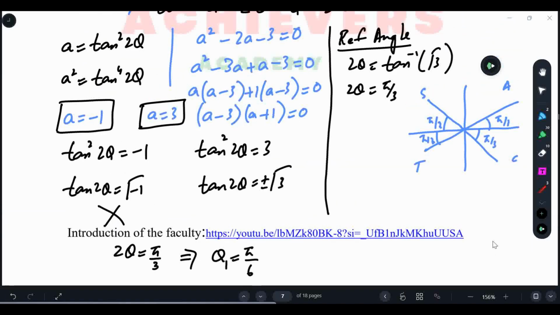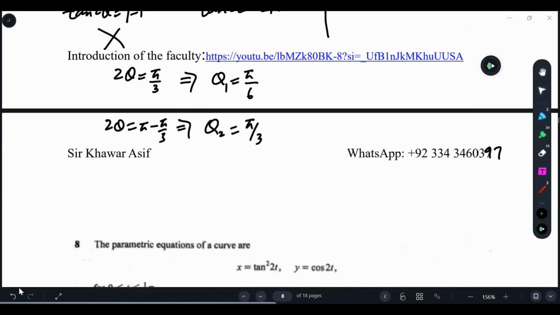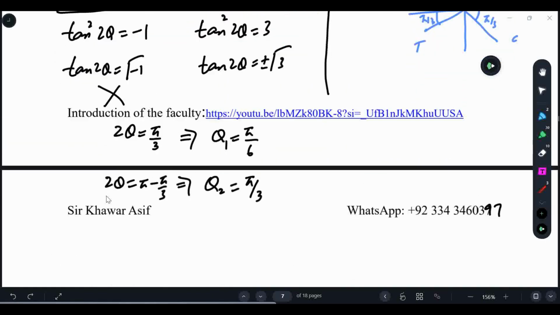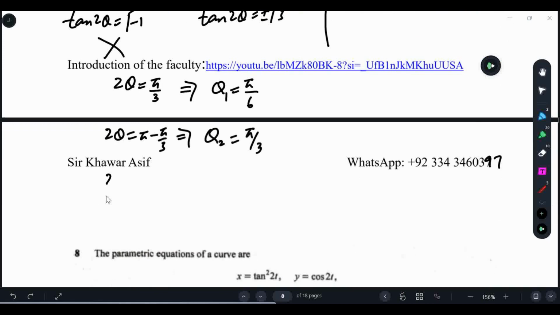Now for the third one, from this point till this line, the angle should be pi plus pi by 3. So 2 theta will be equal to pi plus pi by 3.